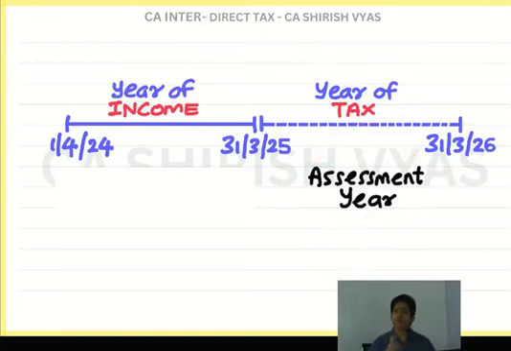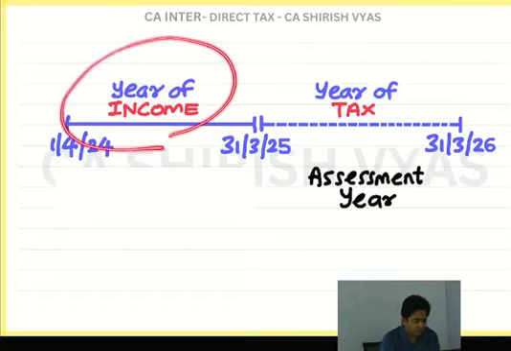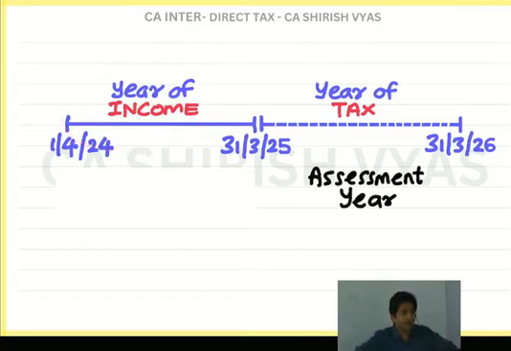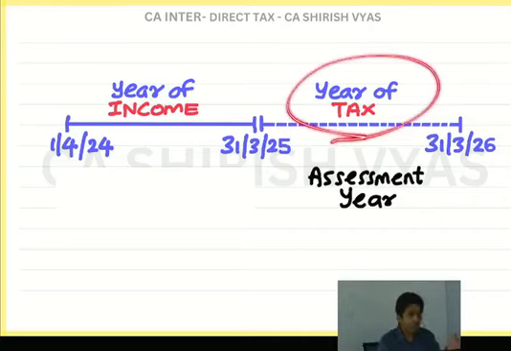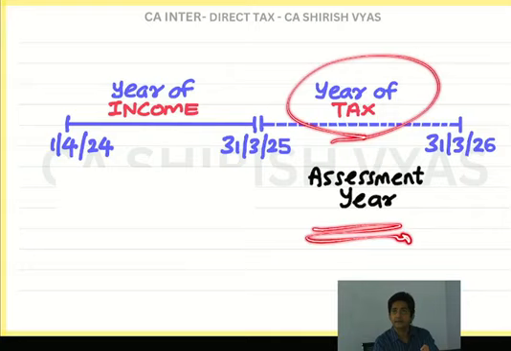You know why do we call assessment? What is the meaning of assessment? To assess means to calculate and to check. So what calculation and what checking? Calculate means I need to calculate the income which I earned in the last year. Because only if I calculate, then only I can decide the tax. So since in this year, calculation is happening, that is why we say assessment.